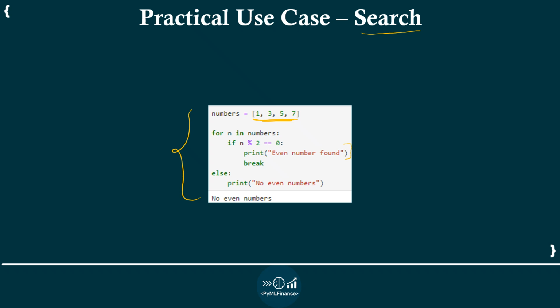And if there is no even number within the list, we simply say we didn't find any even number. So you can see here, whenever an even number is found, the loop simply breaks. And if there is no even number within the given list, we are getting a message: no even number found.